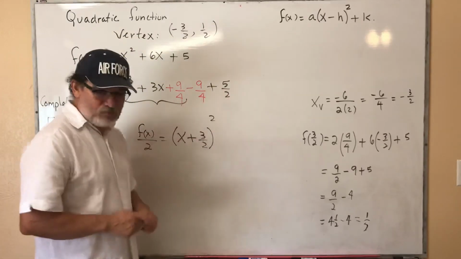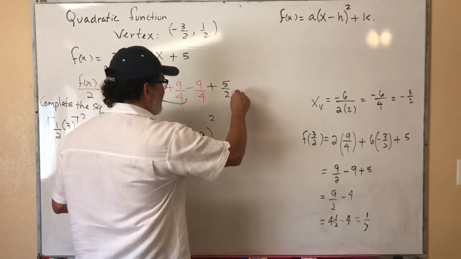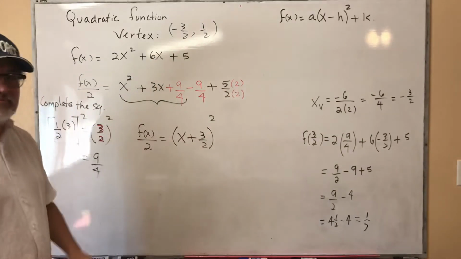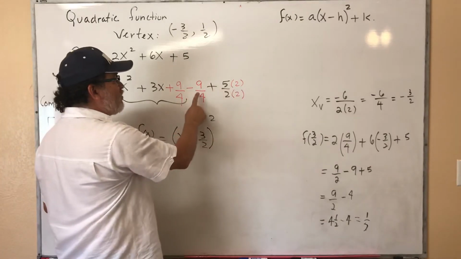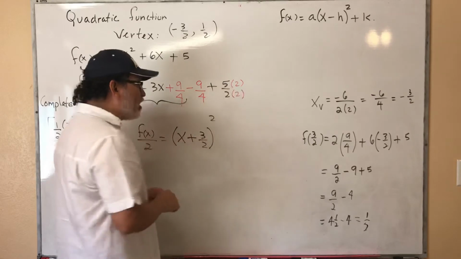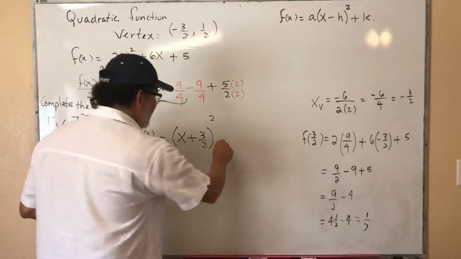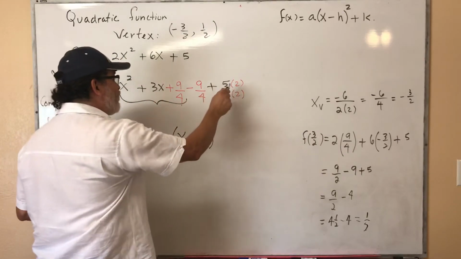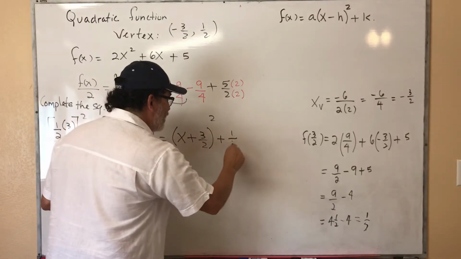Now I'm going to add those 2. How do I add those 2? Multiply this by 2. Multiply this by 2. What's negative 9 over 4 plus 10 over 4? What is that? Negative 9 over 4 plus 10 over 4 is plus 1/4.